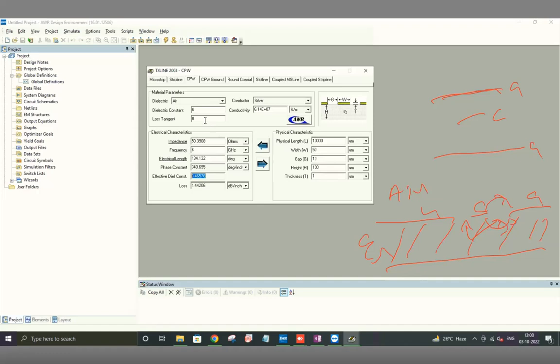So that will change. So if I, for example, change the gap to 20 microns instead of 10 microns, you see that the effective dielectric constant also changes slightly. It's a very small change, but you can see it just change. Because the field distribution depends on these dimensions as well.